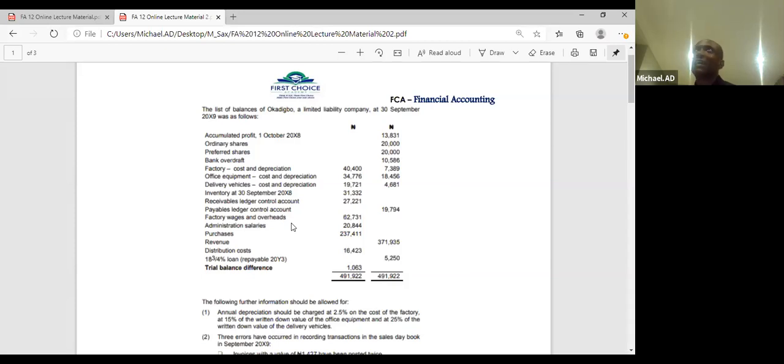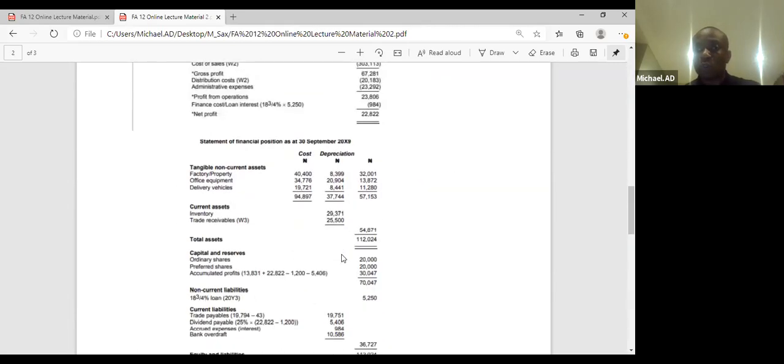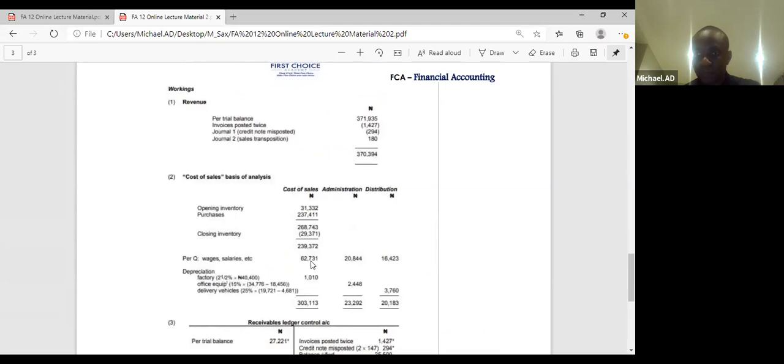So where they separate it, you should know. But most times it's always together anyway. But in this type of question, you can see that they separate wages from your salaries. So that's why 62,771 will be added to your cost of sales.